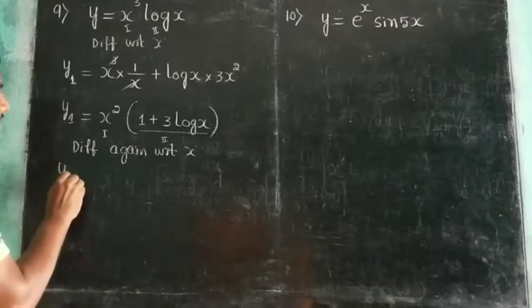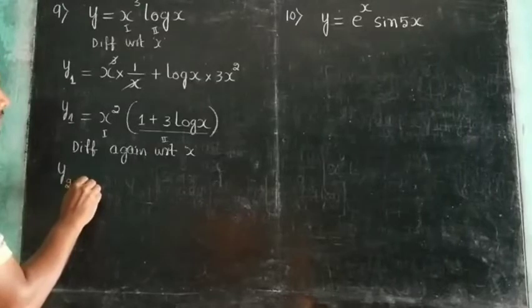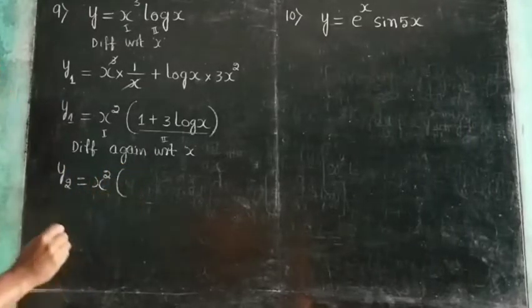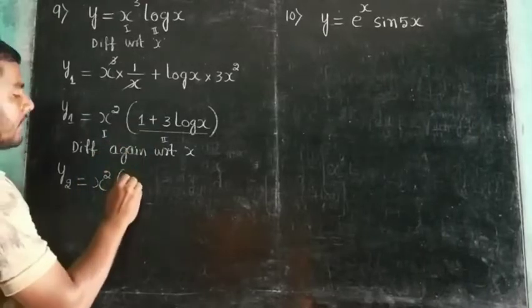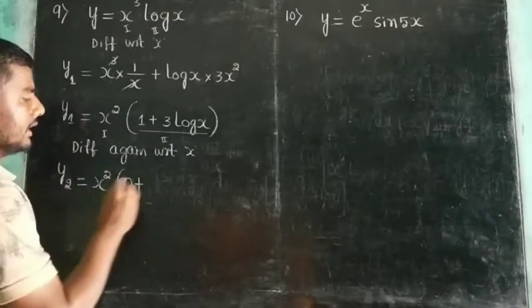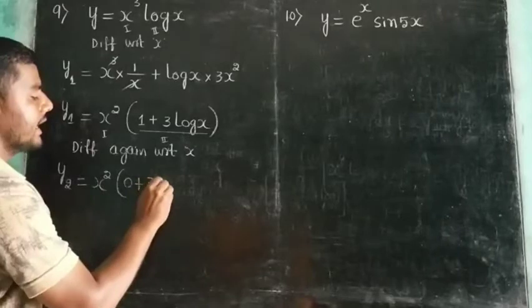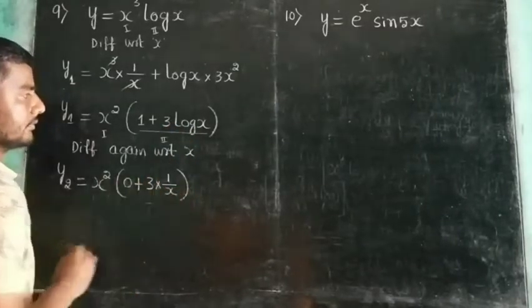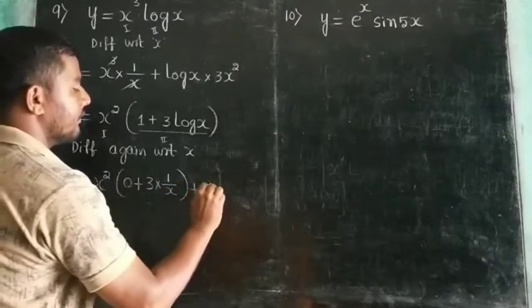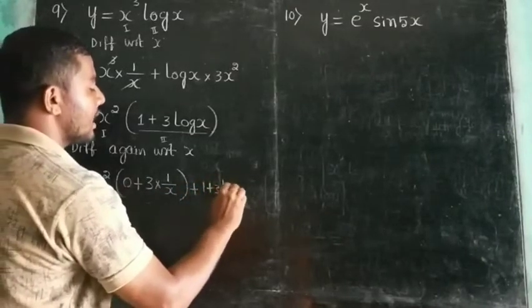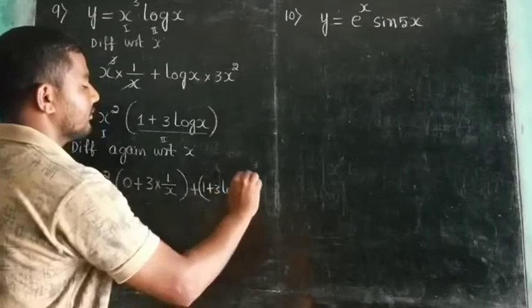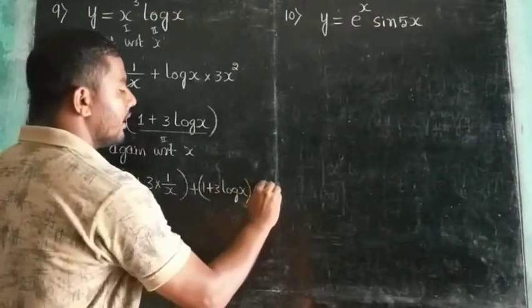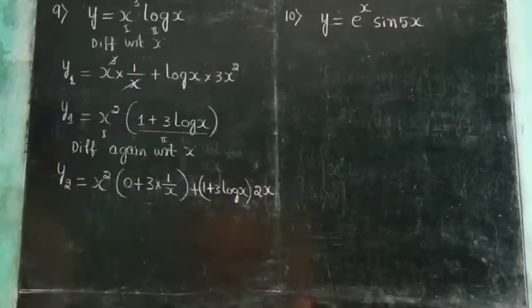The derivative of y1 is y2 is equal to, take x square as it is, write the derivative of second function: the derivative of 1 is 0, plus take 3 as it is, into the derivative of log x is 1 by x, plus take second function, 1 plus 3 log x, as it is. Write the derivative of x square. The derivative of x square is 2x.